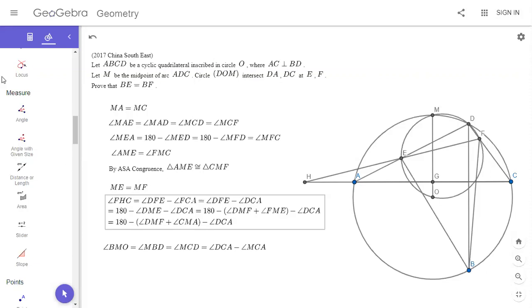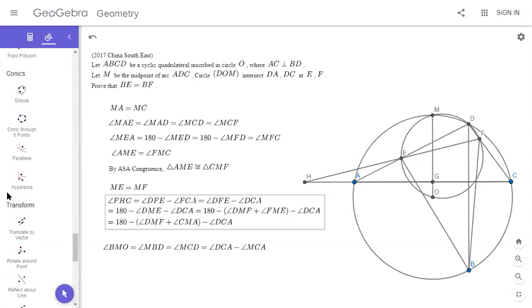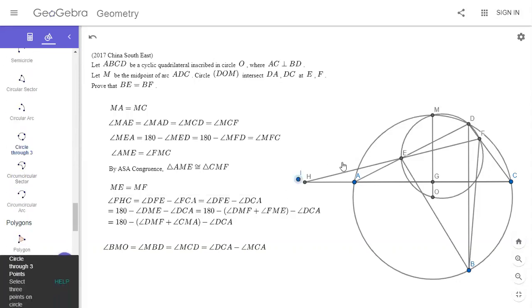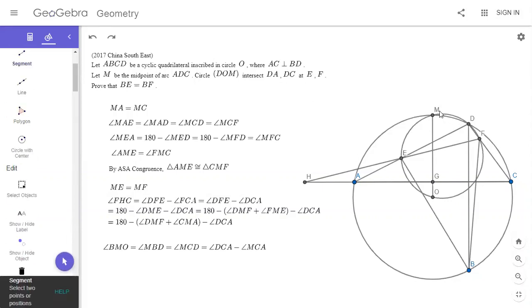Wait, maybe is MFHB cyclic? No, but MFHC is cyclic. But I think, yeah, what if I draw in this segment?